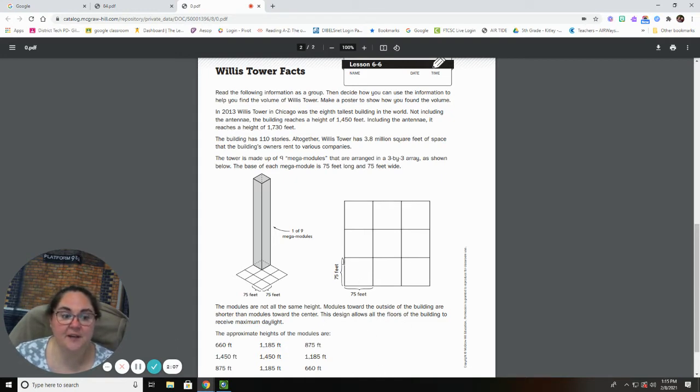And then if you look here, it tells me the length and the width, right? This is kind of like our little cheat sheet. So I want you to think about this volume project and see if we can find a way to do this problem. Look at the heights. What do you notice?